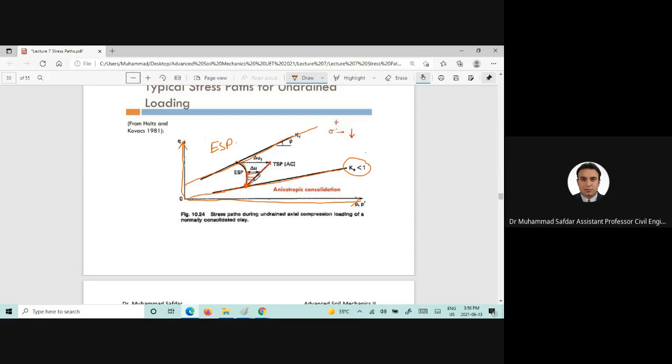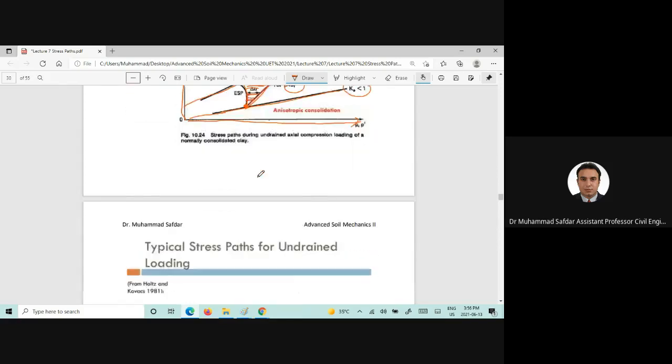And if you want to draw the total stress path in axial compression mode, that difference would be the delta U, the change in the pore water pressure, in plotting the total stress path and the effective stress path.